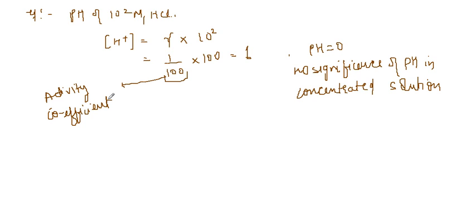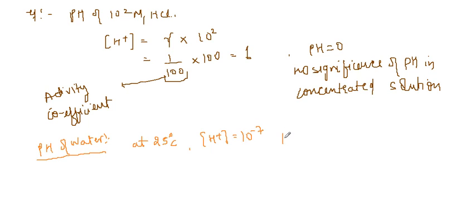Now let's talk about pH of water. At room temperature, 25 degrees Celsius, the concentration of H plus is 10 to the power minus 7, so pH is 7.